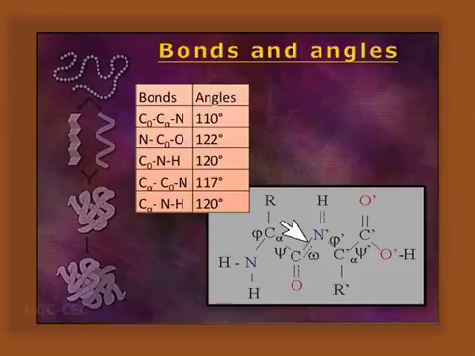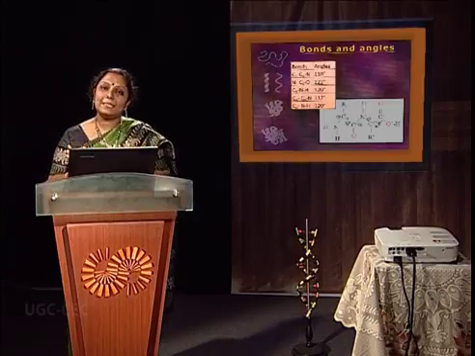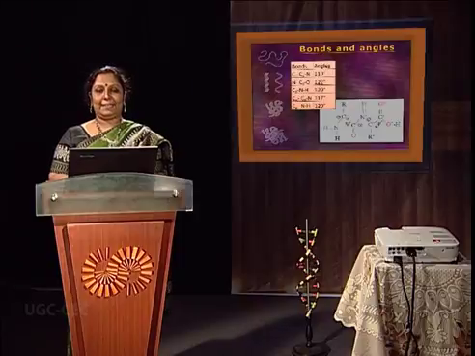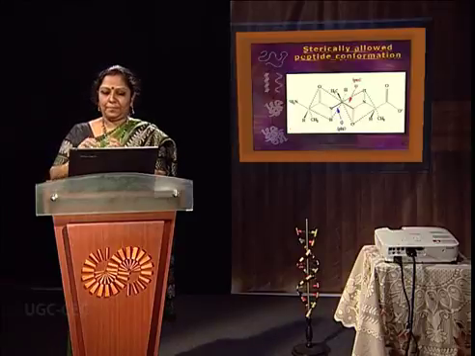The C-N peptide bond length is actually 1.32, in between the 1.49 single bond and the double bond, that is 1.29. So it is in between them, not totally single bond, not totally double bond character. Here no eclipsed structures are allowed, all are staggered structures.